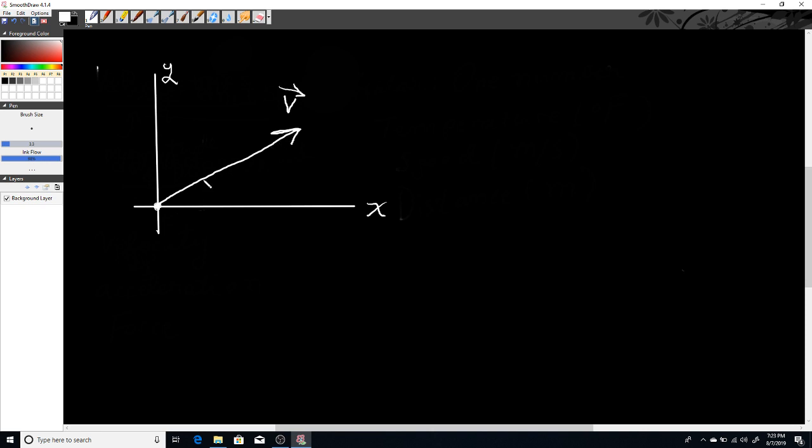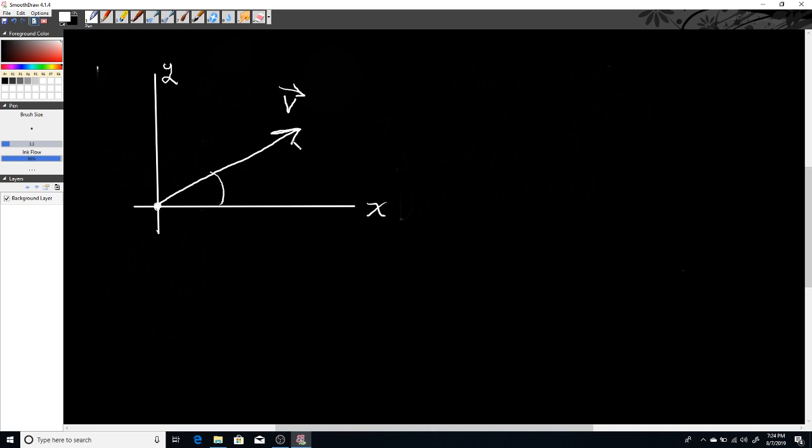And we can specify the direction by specifying the angle that the vector is pointing at, elevated with respect to either the y or the x-axis. Usually in these simple cases we look at it from the point of view of the x-axis.